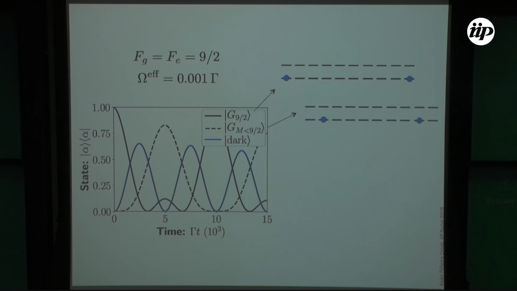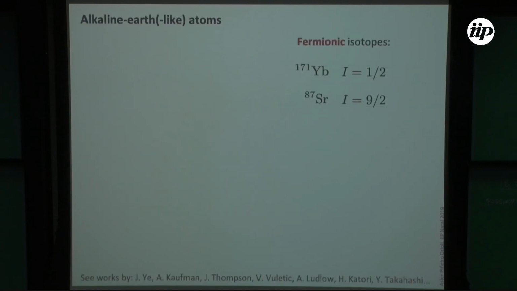We shine on the Raman lasers, and we again coherently excite the dark state. Except in this case, we don't reach 100% there, because on the way, we excite other ground states as well. For example, this one, and others. But in principle, this is still coherent. And in the time that I have left, I would like to discuss some applications.